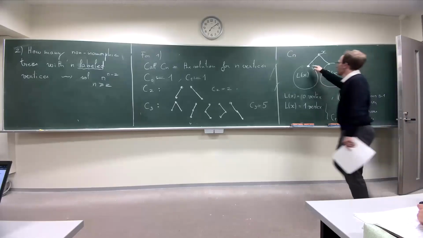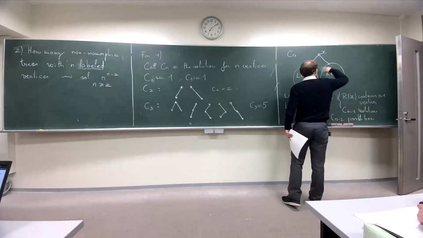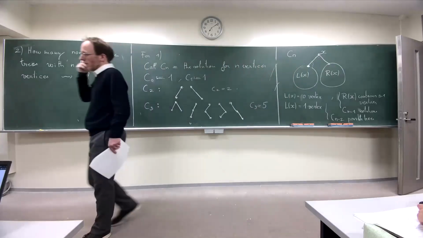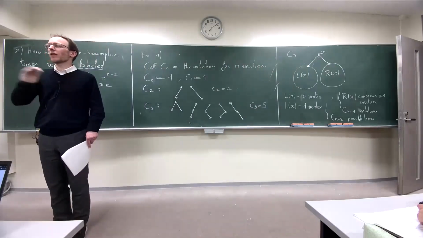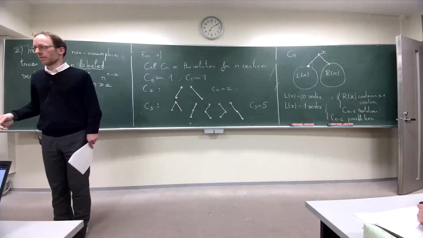Think about it. 1 is used for the root, so you have n minus 2 available vertices, which means you can build Cn minus 2 binary trees.